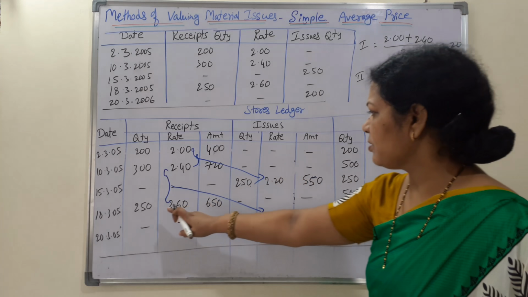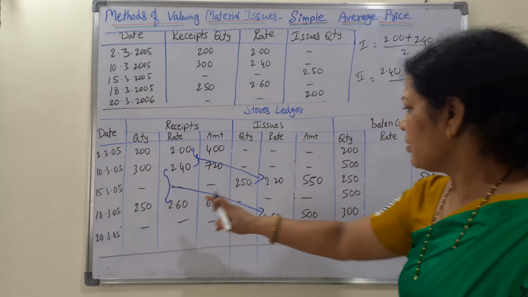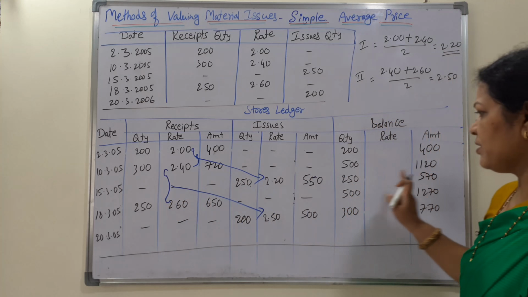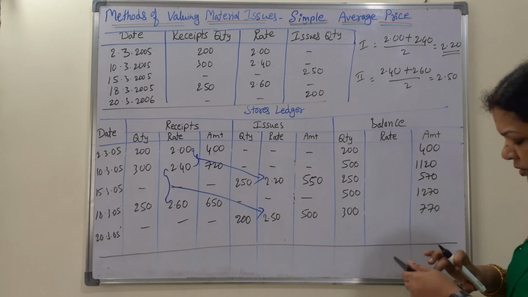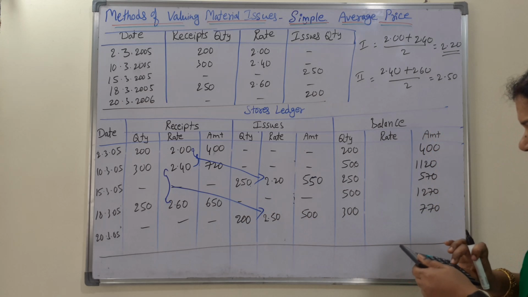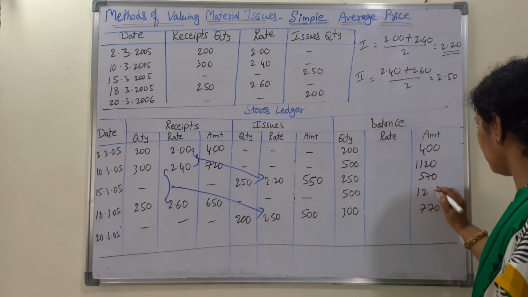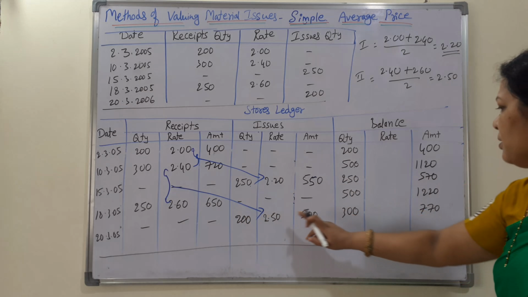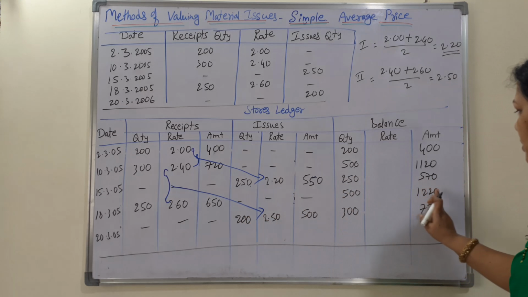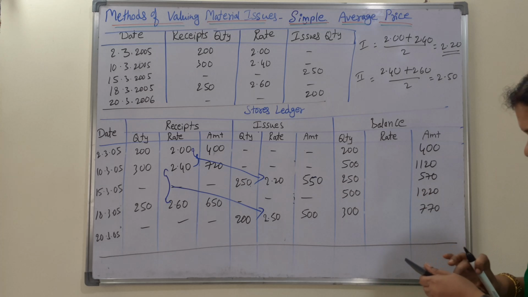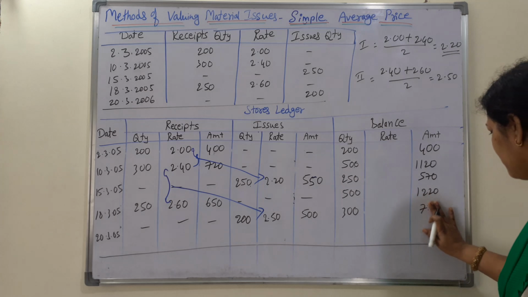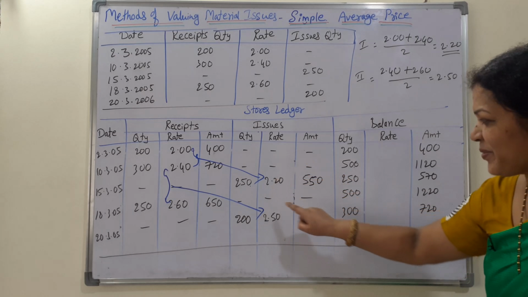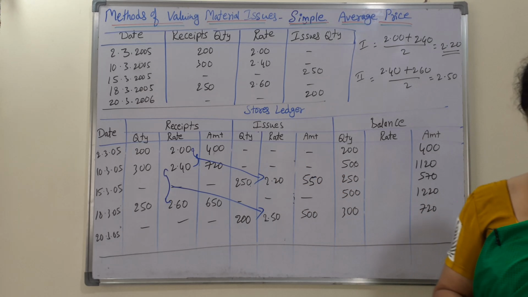Then this is a purchase: 250 plus 250, 500, and 570 plus 650, it is 1220. Now when issuing 200, the quantity left is 300 only. 1220 minus 500 is 720. I made a small mistake in the calculation earlier, that's it. The rest of the problem is normal as usual.